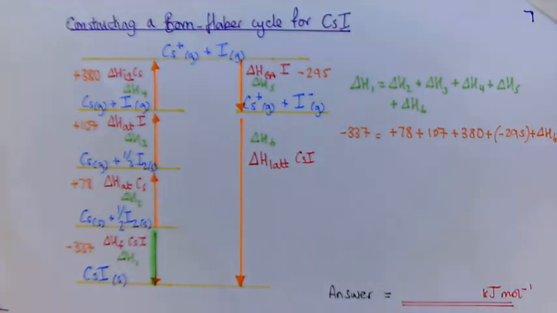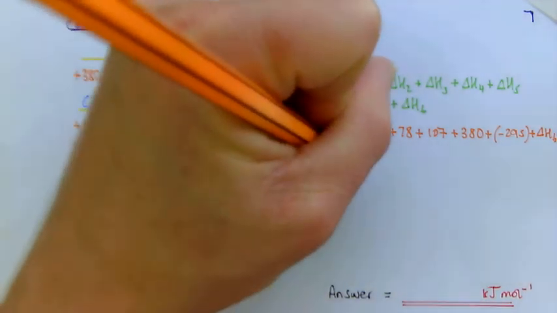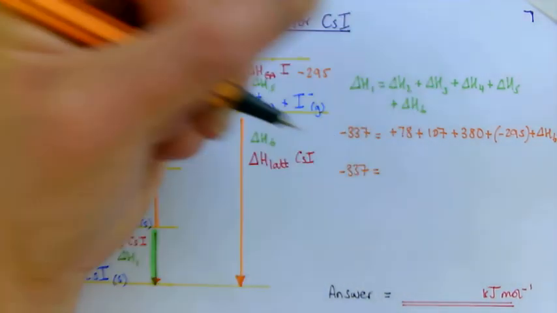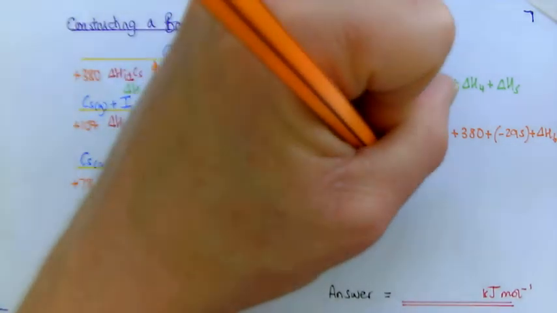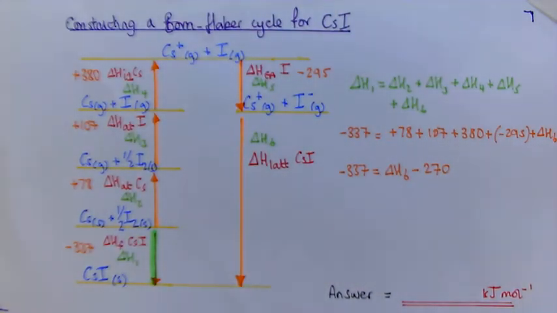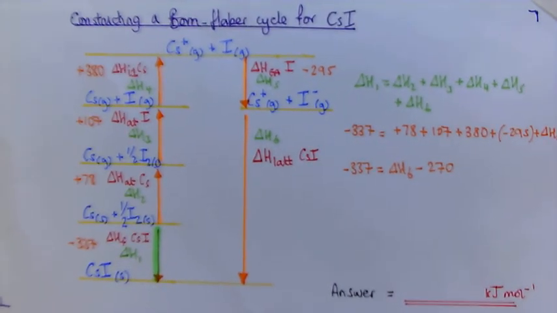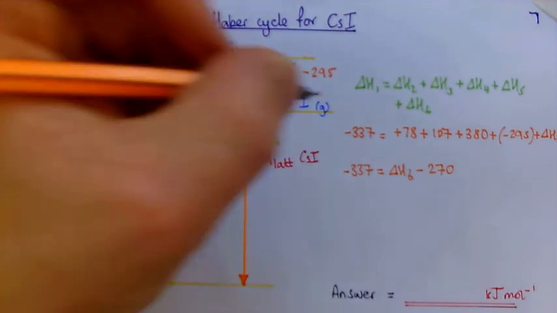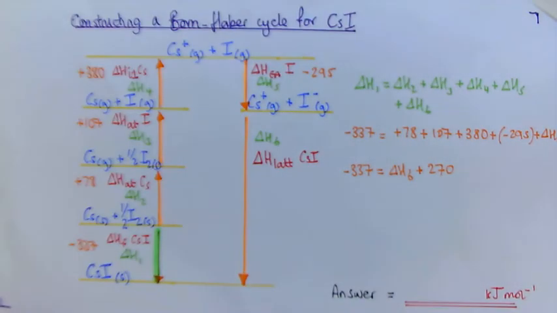Crunch through those on your calculator and you should end up with minus 337 equals delta H6 plus 270, and all of a sudden the algebra becomes quite a lot simpler.